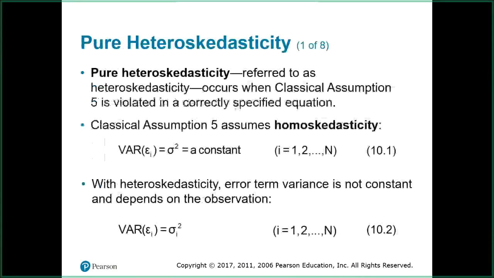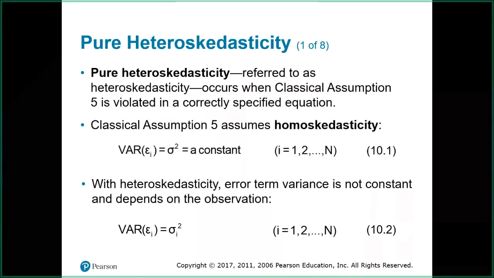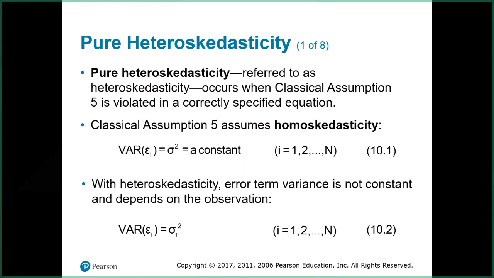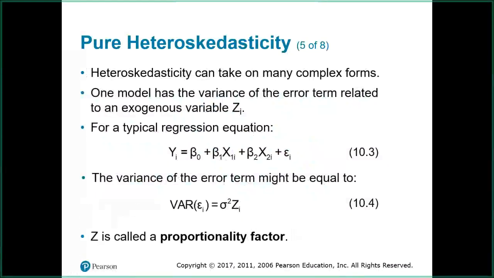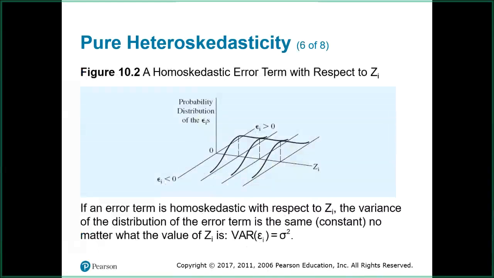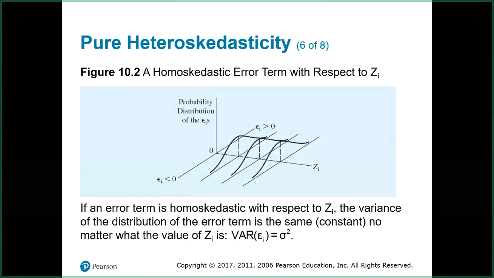So pure heteroskedasticity, normally you don't even use the word pure in front of it because it's just what heteroskedasticity is, and it happens when the variance of the error term is not constant. The next two graphs, it's a little difficult sometimes to visualize heteroskedasticity, but this 3D graph, which is something much better than I could draw on a whiteboard, is an example of homoskedastic or no heteroskedasticity.